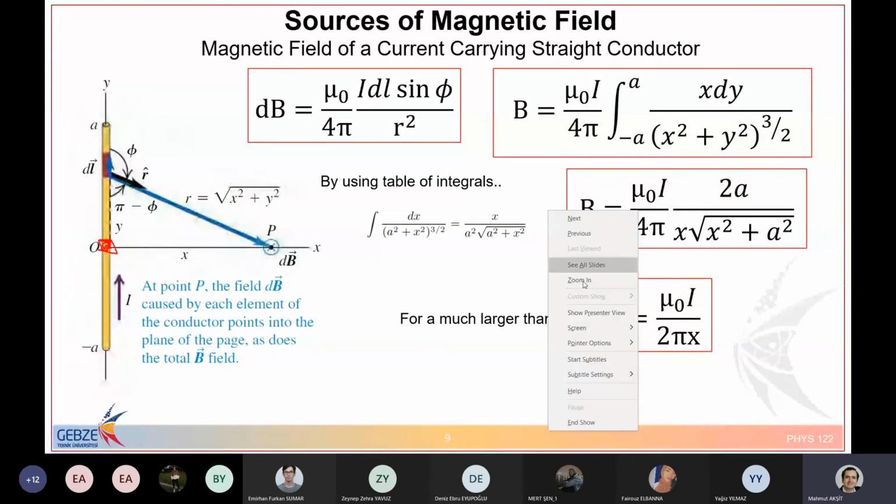So I goes out, 4 pi goes out. So for the angle here, is sine of that angle is what?